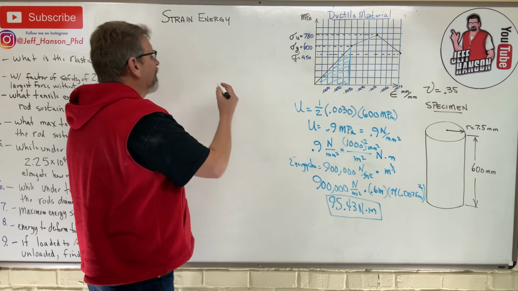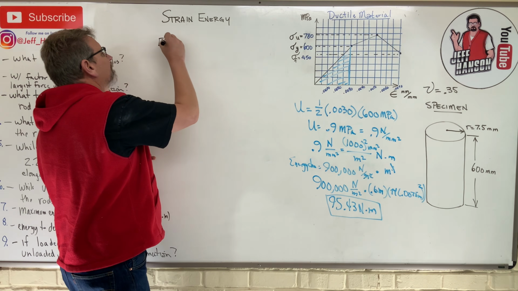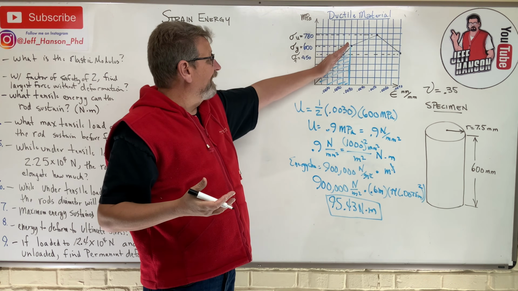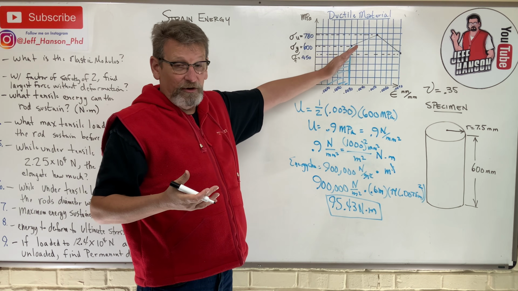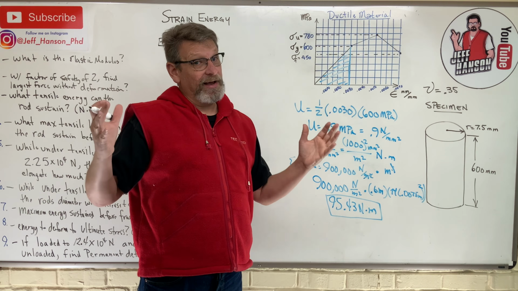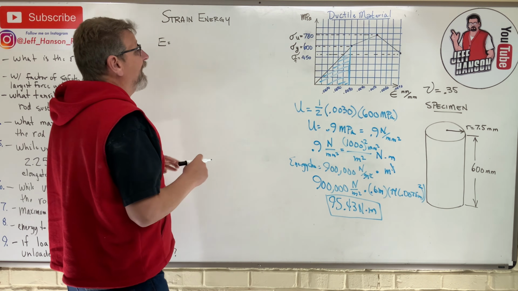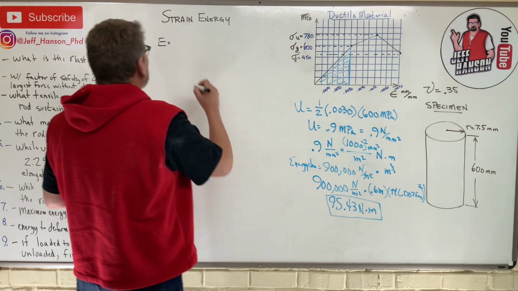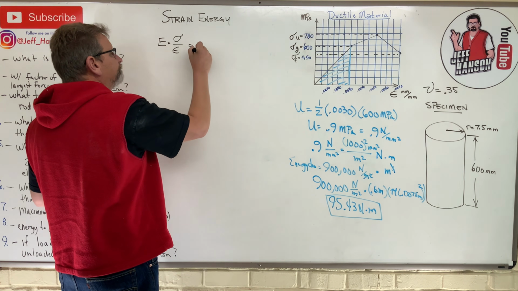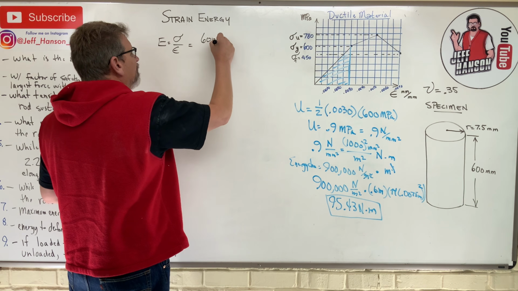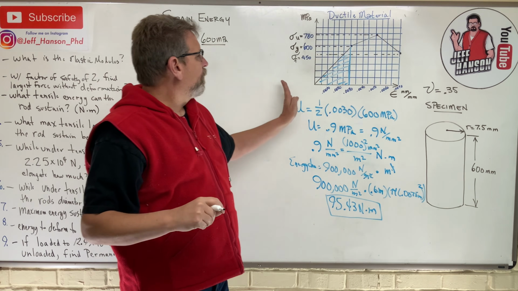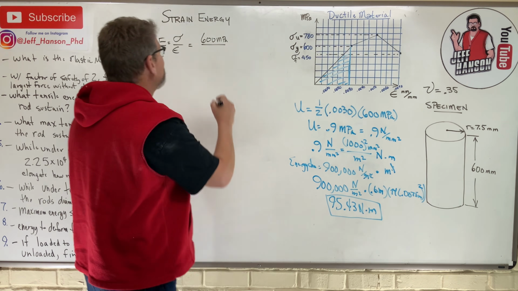The elastic modulus is E, okay? And it's defined as the slope of the line here on our graph, right? Our stress strain diagram. And how do you find slope? Easy. Rise divided by run, right? So the rise is 600 megapascals. In other words, it's sigma over epsilon, isn't it? 600 megapascals divided by the run, which is 0.0030.